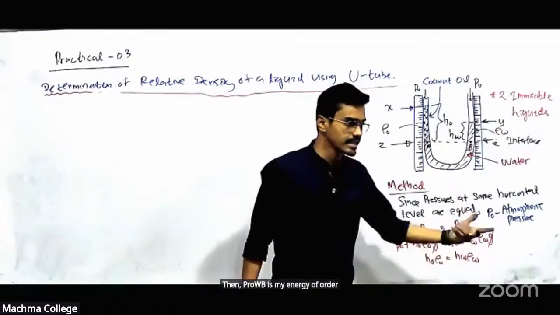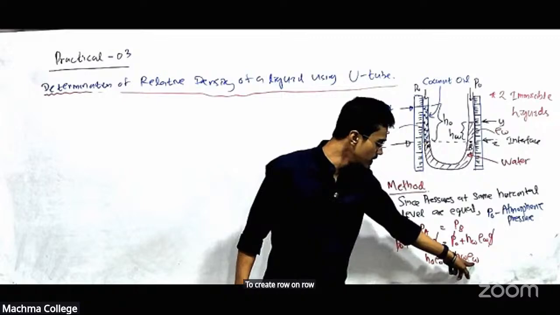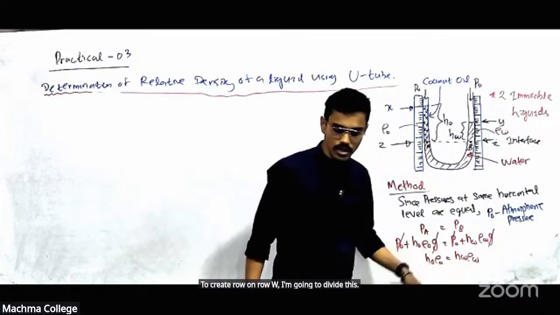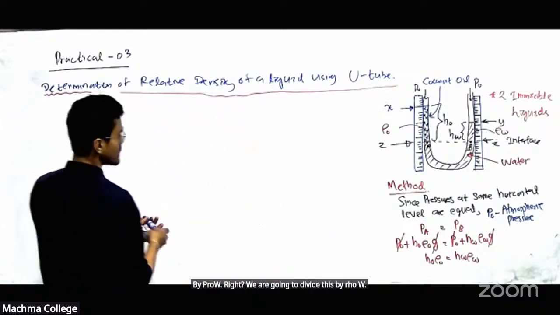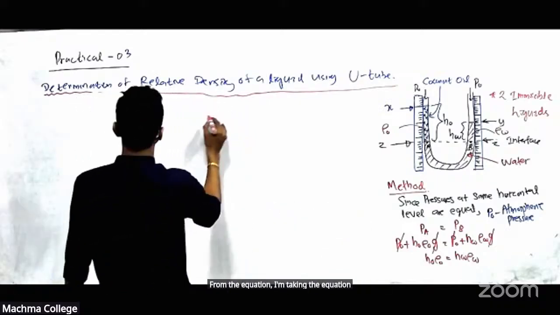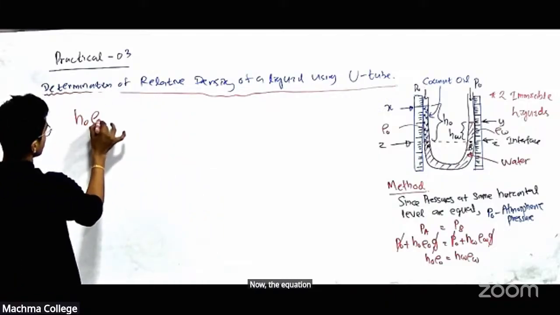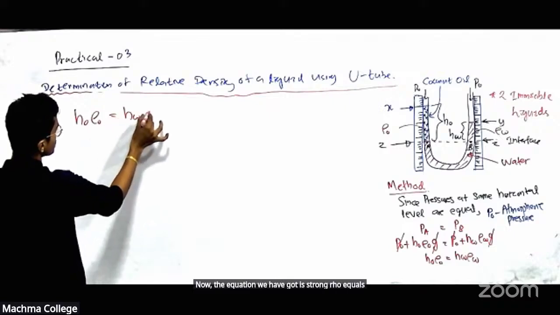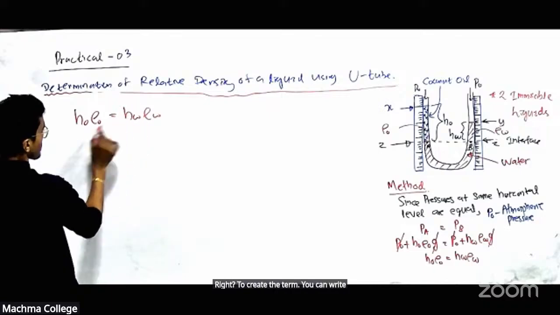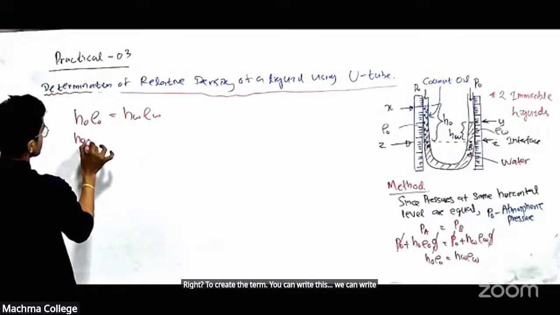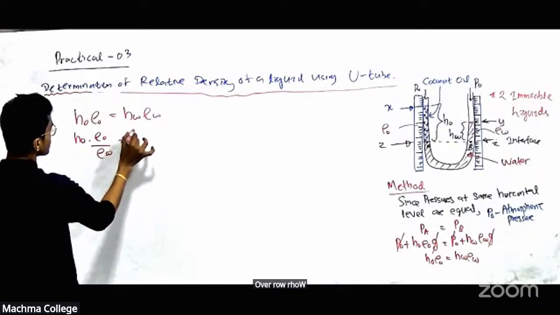I have to create the term rho naught over rho W. To create that, I'm going to divide this by rho W. Now, the equation we have got is H naught rho naught equals HW rho W. To create the term, we can write this like H naught rho naught over rho W equals HW.